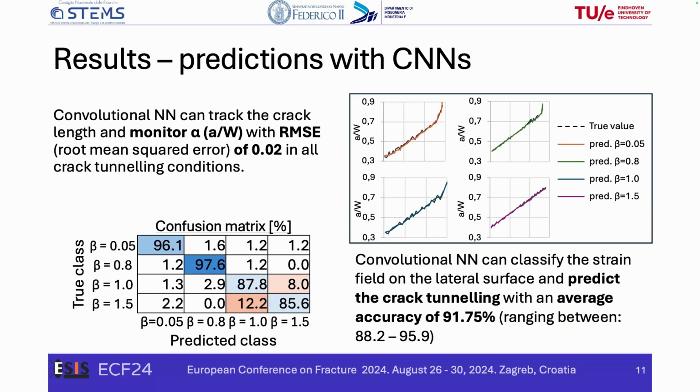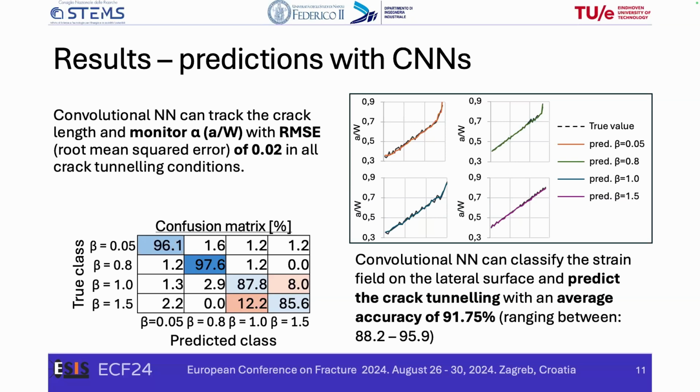With this slide, I come to the results. We had therefore two tasks. We wanted to predict the normalized crack length and the crack tunneling condition based on strain measurements on the lateral surface of the specimen. And they are respectively a regression task and a classification task.